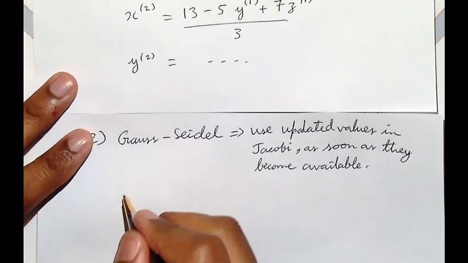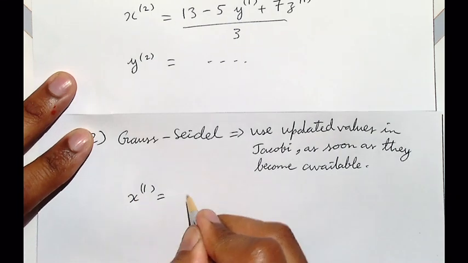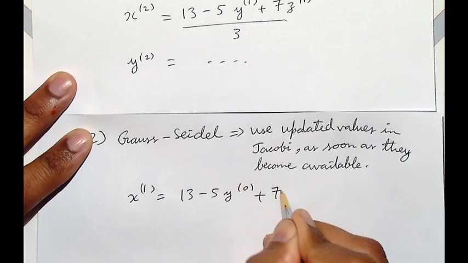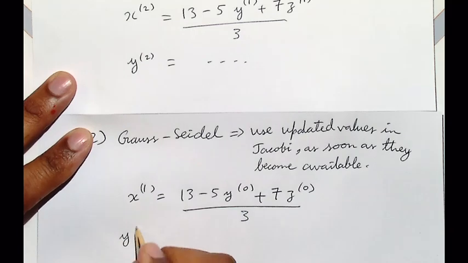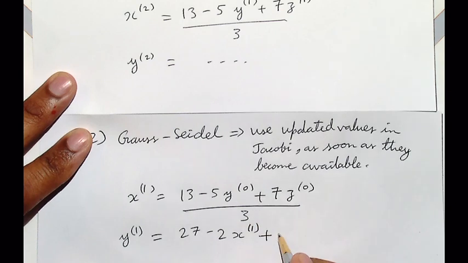Okay, so you would say x1 is 13 minus 5y0 plus 7z0 over 3. But now y1 uses 27 minus 2x1, not x0 anymore, plus, oh, did I write 8y? Sorry, 8y.